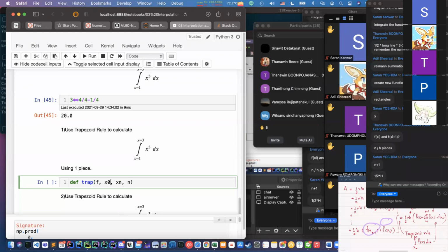So this is a function, this is a float, and this thing is an integer. Okay. Give me the area.